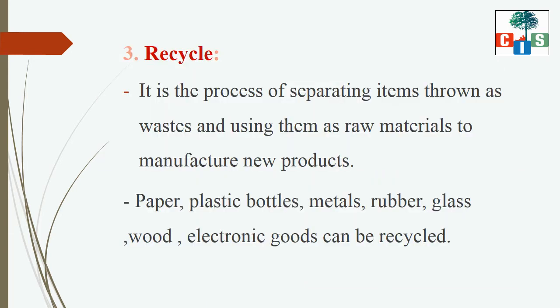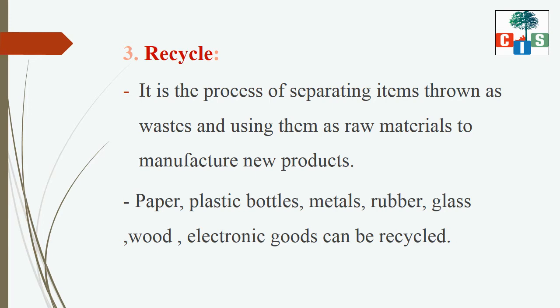Third one is recycle. So first we saw reuse, second we saw reduce, and third one is recycle. Now, recycle is the process of separating items thrown as waste and using them as raw materials to manufacture new products.